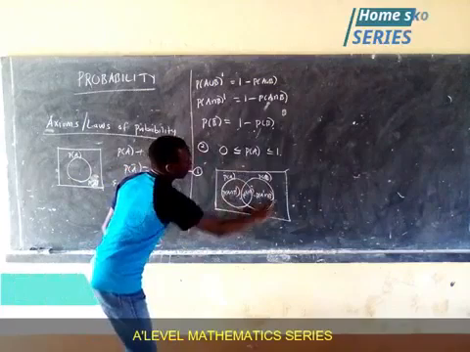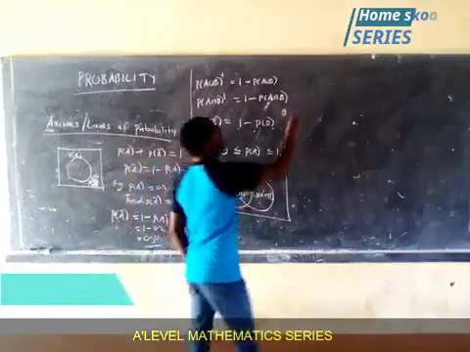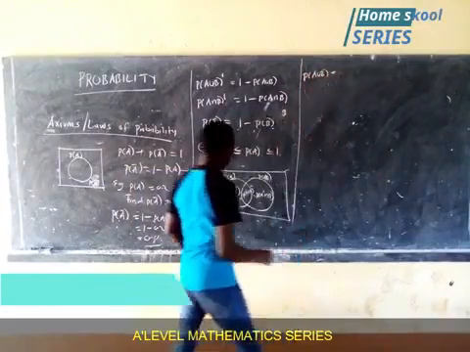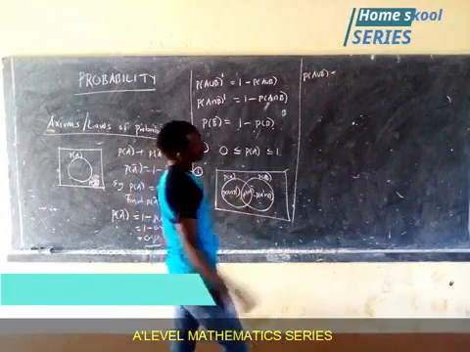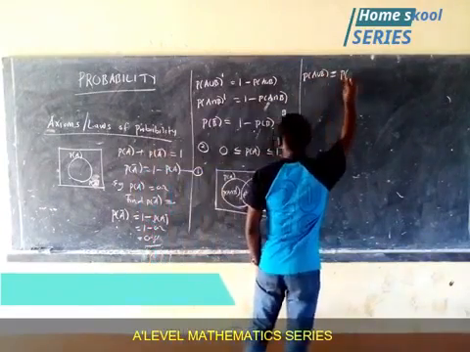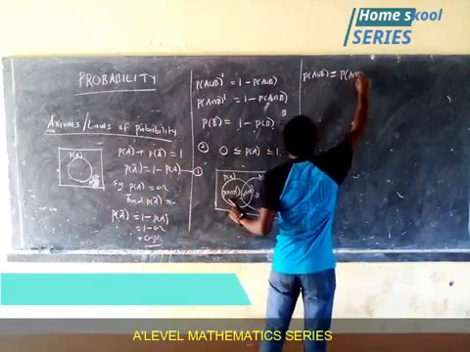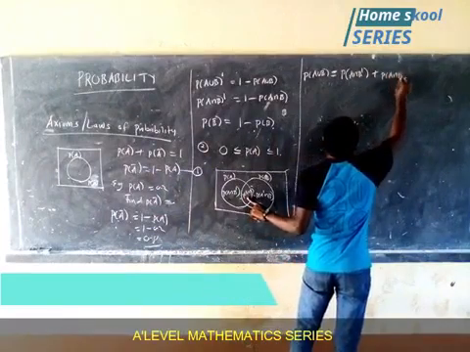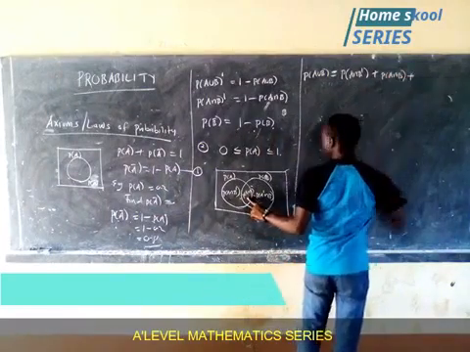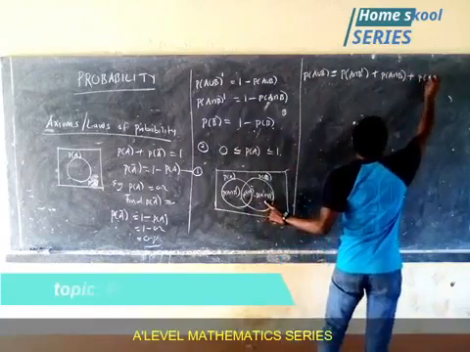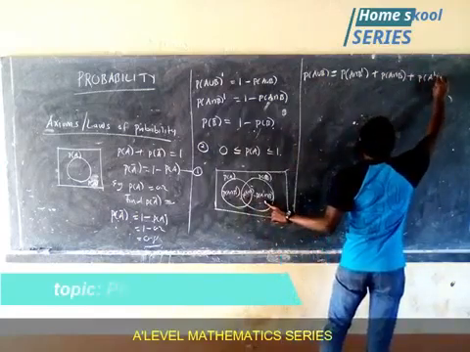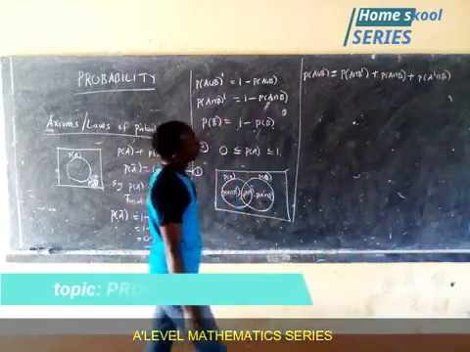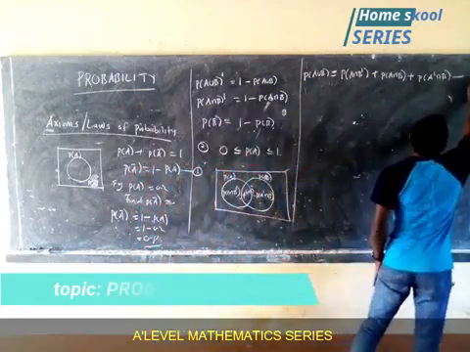Now, all of this one is A union B, which simply means that the probability of A union B is the same as this plus that. This one will give us P of A intersection B complement, plus this one, the probability of A intersection B, plus this one, which is the probability of A complement intersection B. Now from there, I can say this will become star.